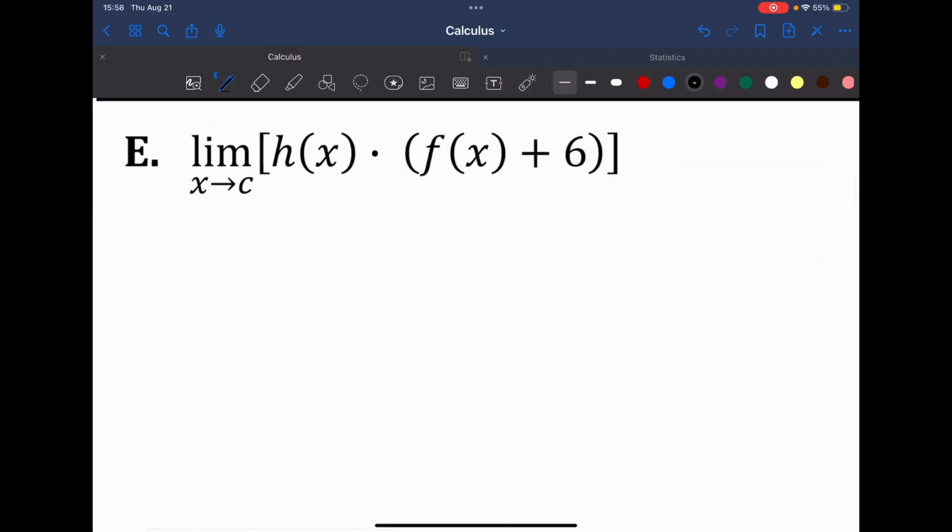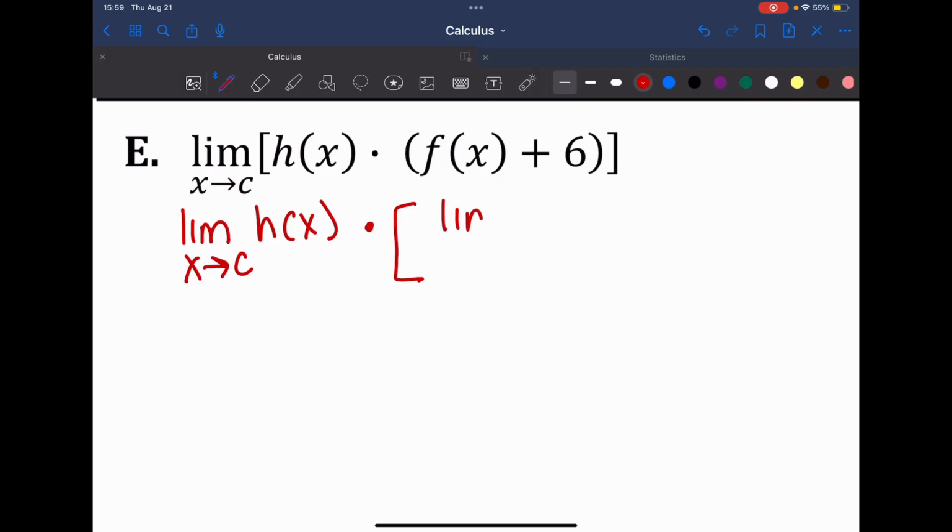Okay, part E. It looks like here I have the limit as x approaches c of h of x times, and it looks like I have to put this separately in brackets because it says f of x plus 6.